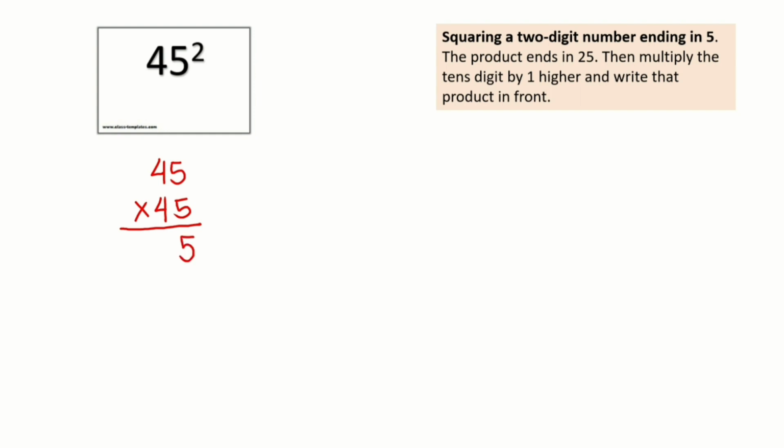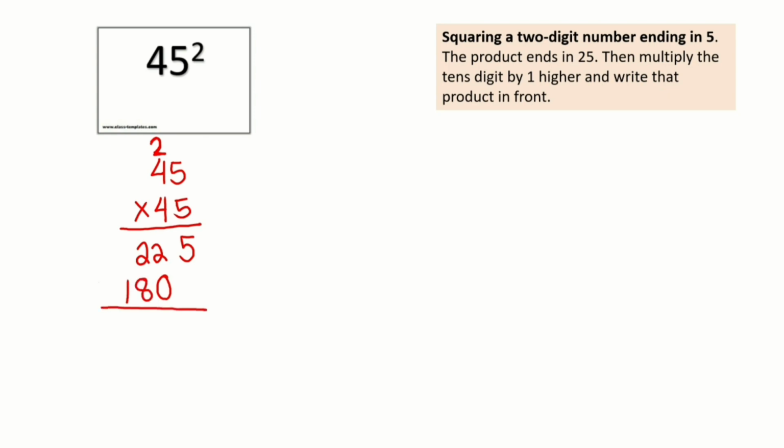So we write 5 carry 2. 5 times 4, that's 20, plus 2, that is 22. Next, 4 multiplied by 5, that is 20. So I'll write 0 here and then remainder 2. 4 times 4 is 16, plus 2, that is 18.